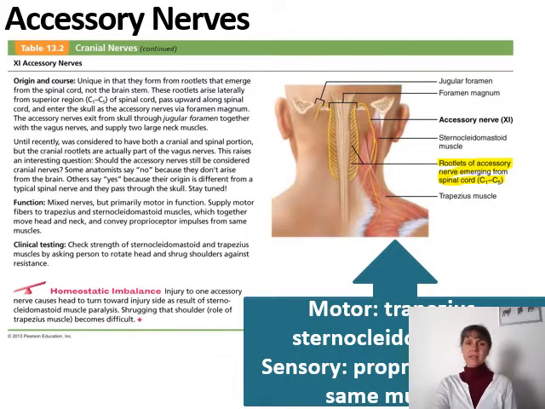The spinal accessory nerves, or just accessory nerves as they're now referred to, are going to supply motor function for trapezius and sternocleidomastoid, and they're also sensory, providing proprioceptive sensation for those same muscles. So the accessory nerve, cranial nerve 11, is going to be both sensory and motor for trapezius and sternocleidomastoid.